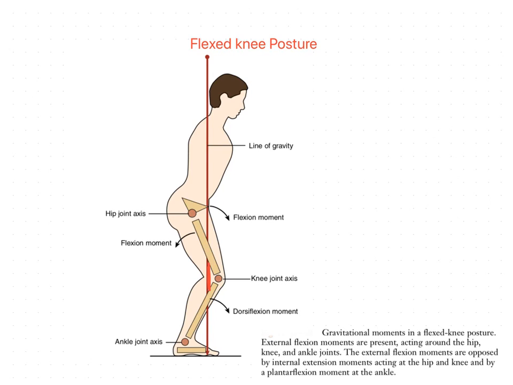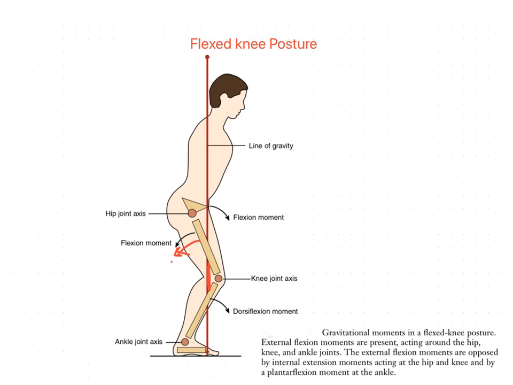The posterior location of the gravity line creates a flexion moment. So the proximal segment, that is the femur, is moving on the posterior aspect, which creates a flexion moment because of the LOG falling behind the joint axis.